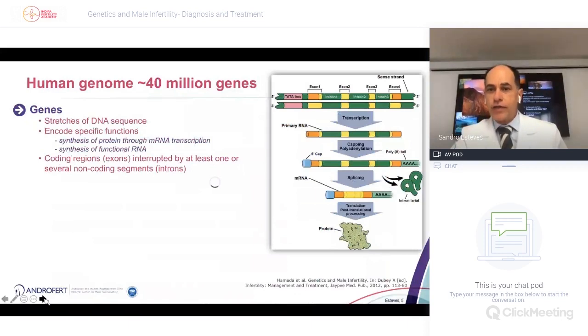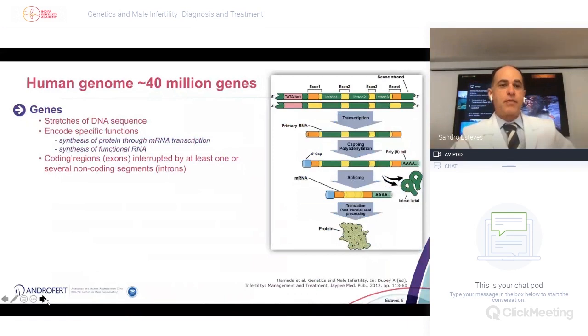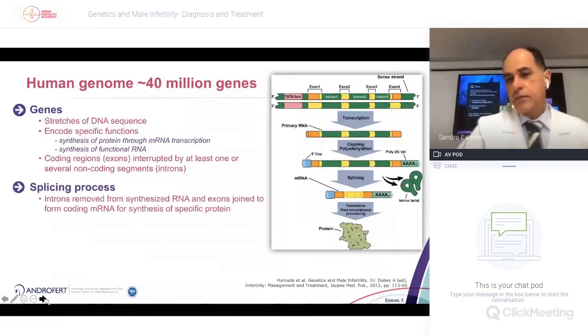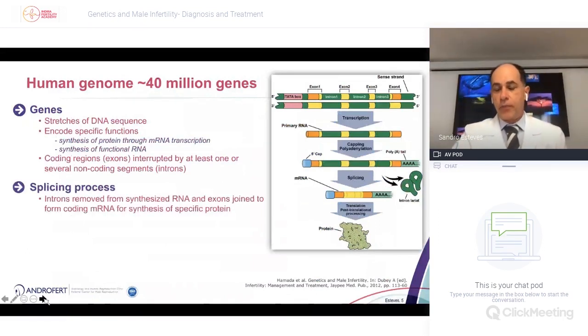After transcription, we have the primary RNA, and then we have the splicing, which is extremely important because the splicing process will remove introns and make the messenger RNA containing the coding regions that will be important for synthesis of the specific proteins that a particular gene is producing.